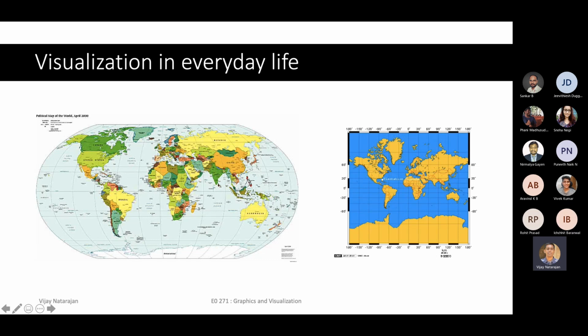of the geography is important for the story, whereas the map on the right is called a Mercator projection. This is used by sailors or navigators, and here the angle is preserved. So this is called a conformal map.